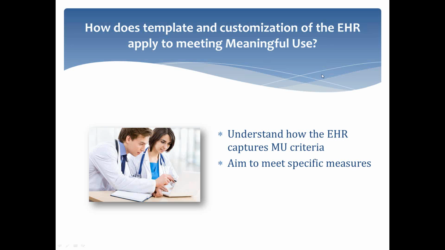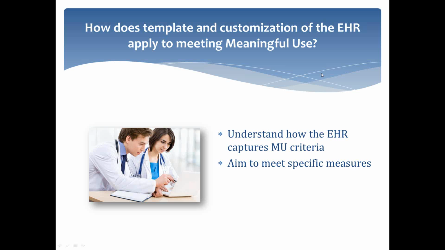Another thing to consider is the certain criteria that they are asking you to meet. Some of the stage 1 criteria are listing patients by their conditions, sending patient-specific education materials, or reminding patients for preventative and follow-up care. Understanding how your system manages that information is going to help you decide how you capture and give that information.